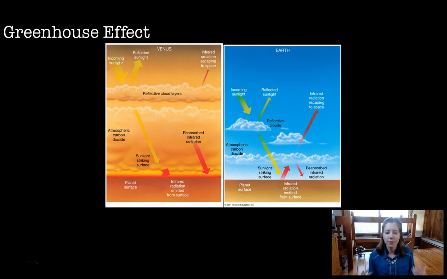But because Earth has a much thinner atmosphere than Venus, much of the longwave infrared radiation is able to escape back into space, only giving Earth a slight warming effect, not this runaway greenhouse warming effect that you see on Venus.